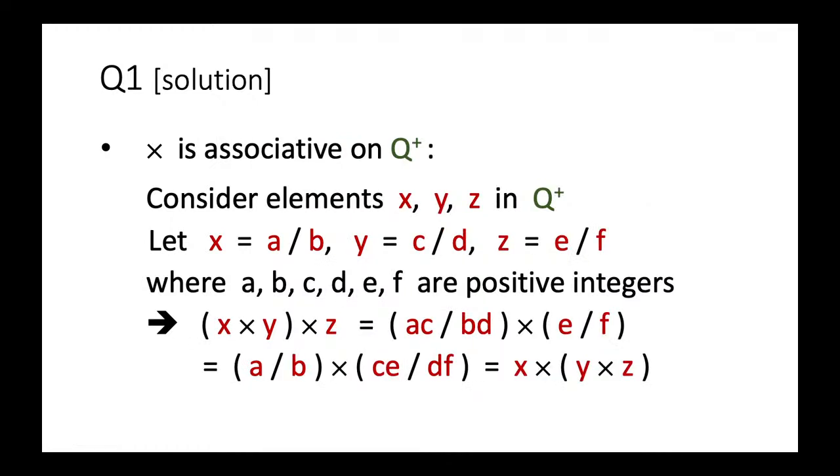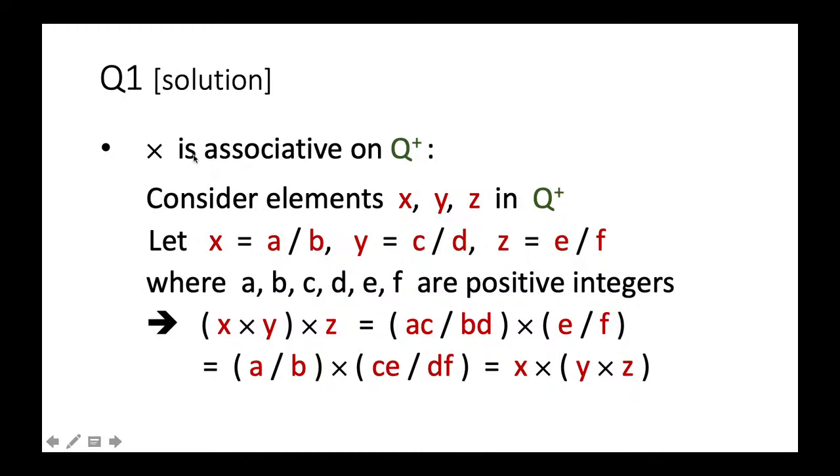And similarly, we can show that this multiplication is also an associative operator. This time we assume we are looking at x, y, z, not necessarily distinct, so they can be any elements in Q plus. So x can be written as a over b, y as c over d, z as e over f.